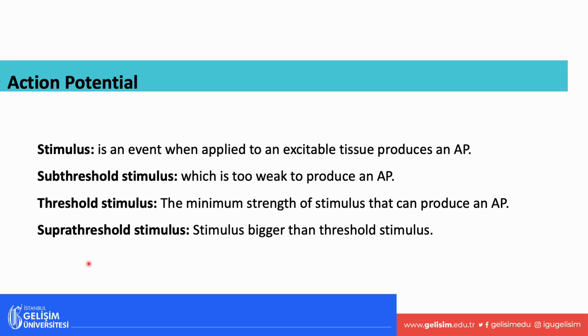What's a suprathreshold stimulus? Supra means above, okay, extra. Think of it like that. This is a much bigger stimulus, or a stimulus that's more than the threshold. Right? A stimulus that's above the minimum level that's needed to produce an action potential.